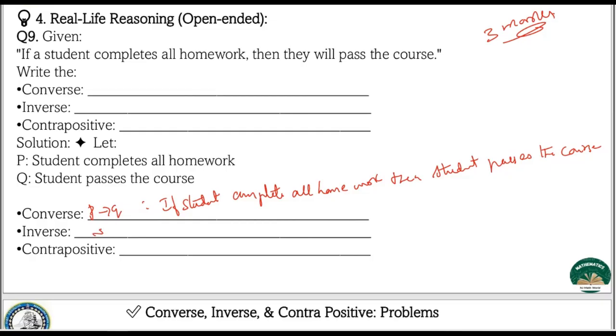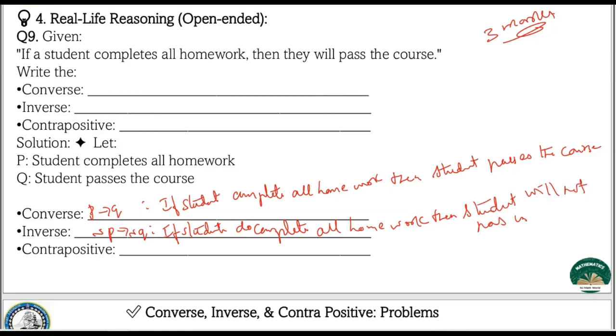Then next, negation P implies negation Q: if the student does not complete all homework, then the student will not pass the course.